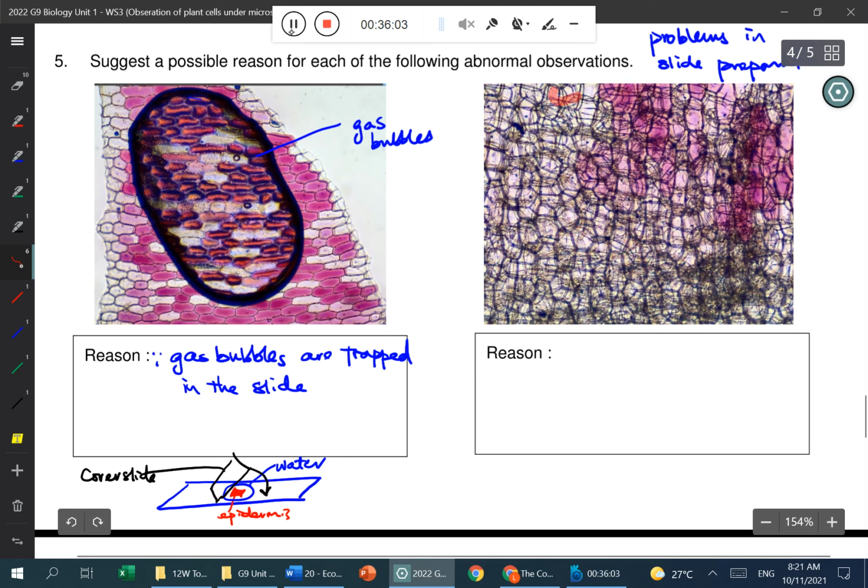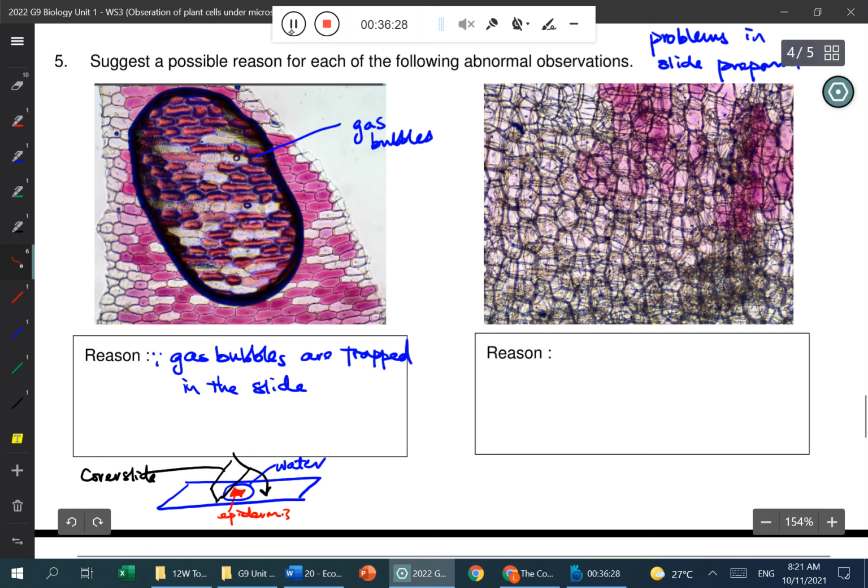Some of them are colorless, some of them are slightly red. So what's the problem? Can you guess? The problem is that, I would say, what you see here are actually cells.